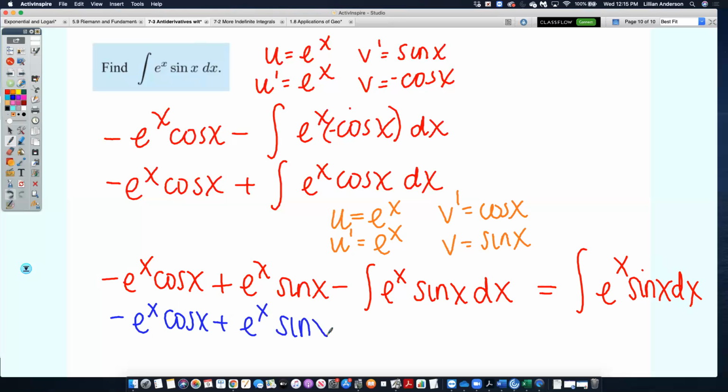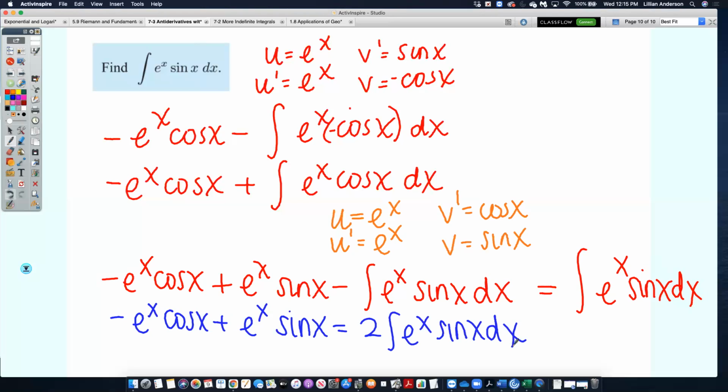So what I can do from here, since this is the exact same thing as what I originally started with, is add it over to the other side.